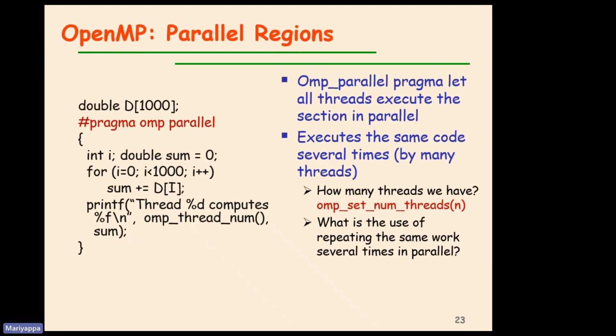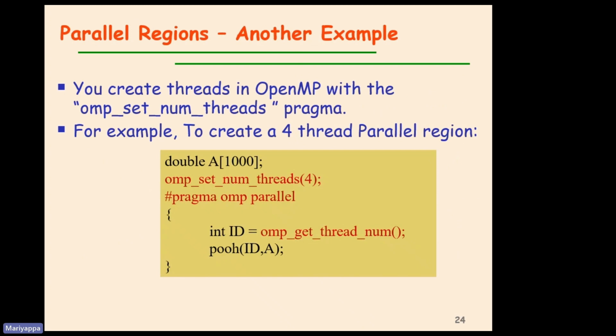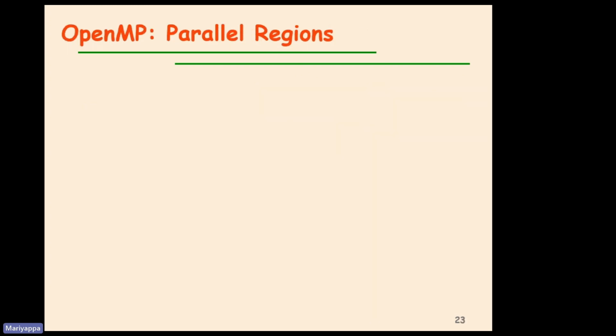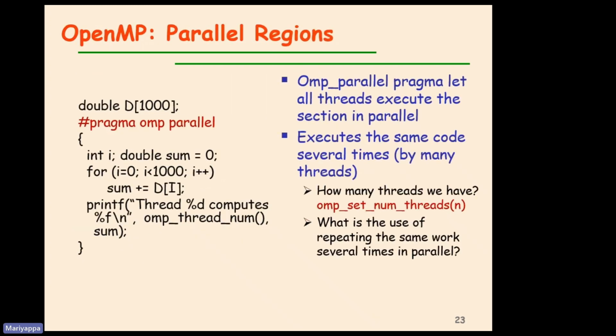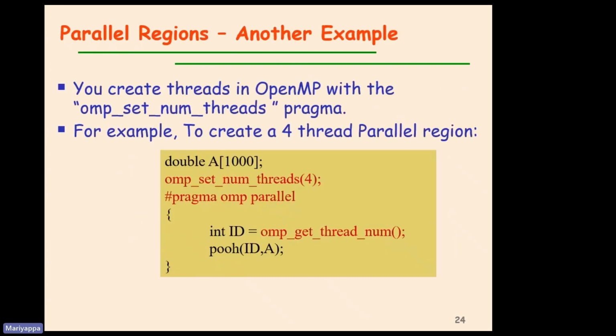It depends on how many threads you have. Right? You can specify the number of threads using this OMP set function. Okay. So, as I was saying, if you don't have any division, then what's going to happen is that everybody is going to execute the same piece of code.